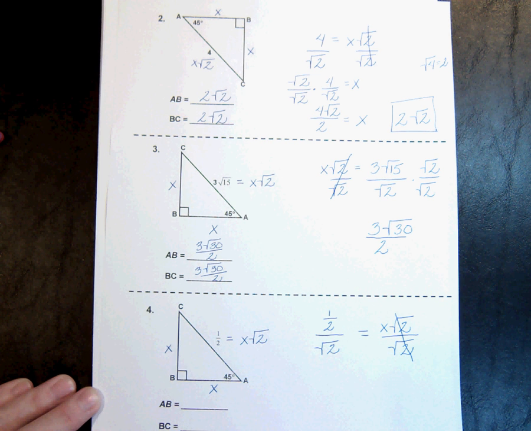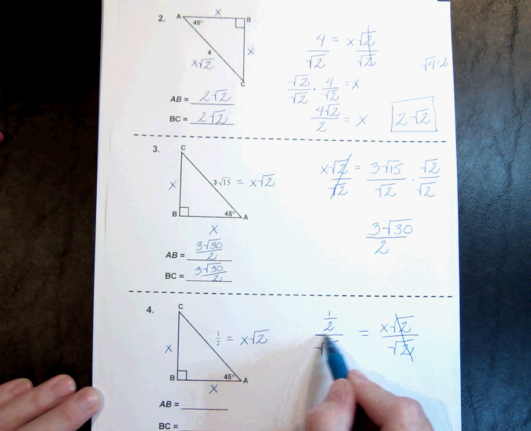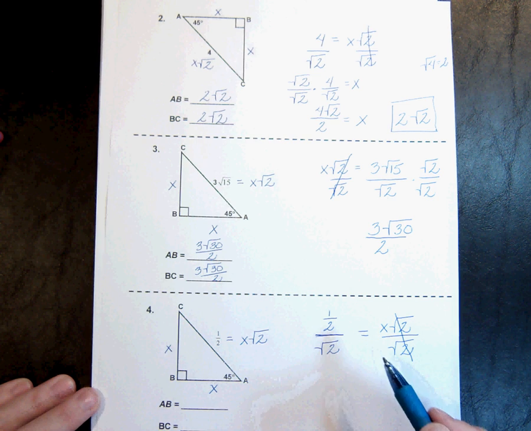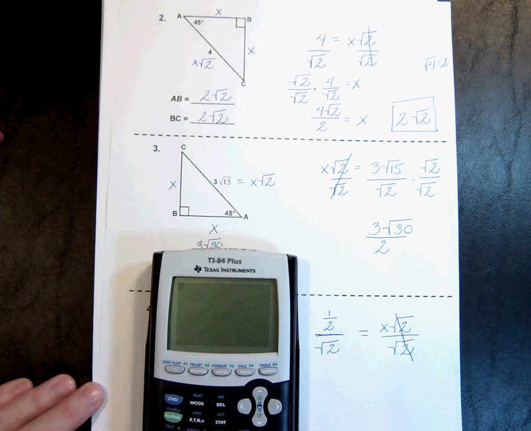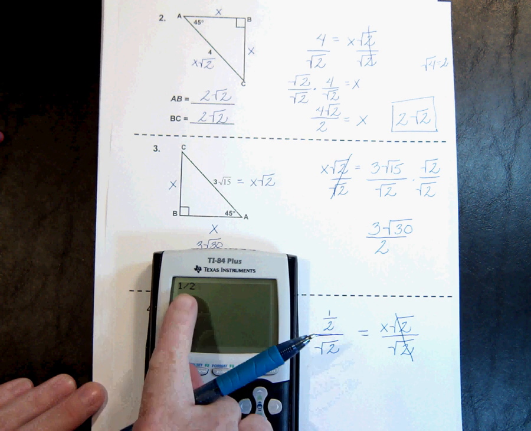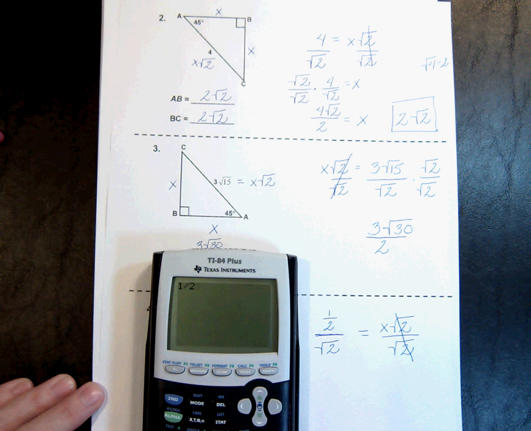And if you did put this in a calculator to get its decimal value, let's just do that for this one. If you've got 1 divided by 2, it's all of this divided by, oh, I needed to put that in parentheses. This is a good lesson to learn.